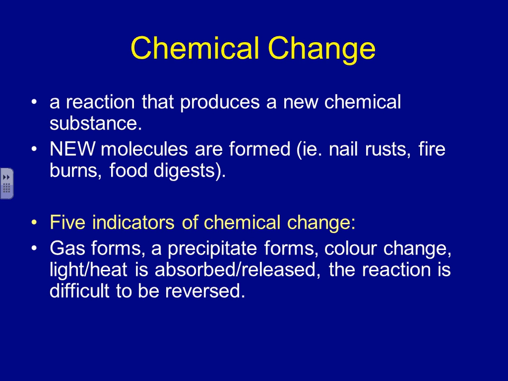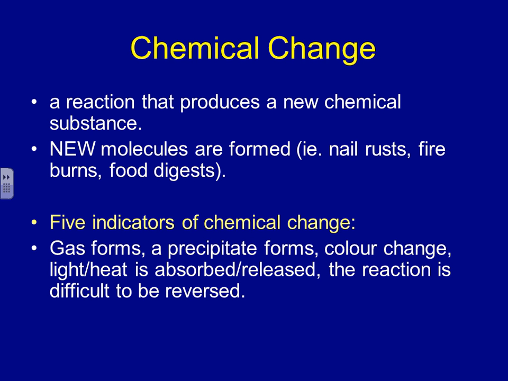So once the chemical property has expressed itself, you've now got a completely new substance, and you can't easily get that substance back. Physical changes, you can get the substance back quite easily. If you melt the ice into liquid water, you can put that liquid water back in the freezer and get your ice. But a chemical change has a rearrangement of the atoms in the molecules, and therefore you need to do a lot of chemistry in order to get that substance back.